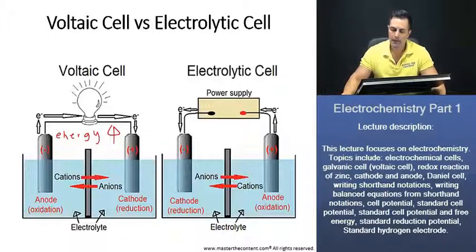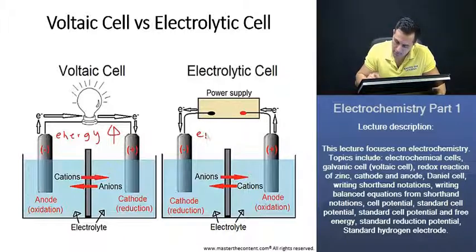Great. Now, the electrolytic cell is a non-spontaneous reaction, like we just said. What occurs here is that we have a power supply providing the electrical energy, and when it provides that electrical energy, it's doing work on the chemical system in our cell.